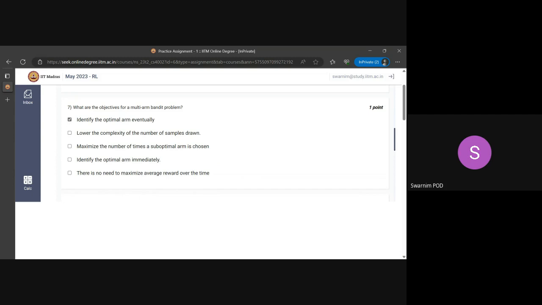If you are familiar with asymptotic complexities, you mean the big O, in the epsilon greedy, the upper limit? Oh no, sorry, that is the upper bound of the payoff, not of the number of samples. Okay, right. So that is asymptotic.